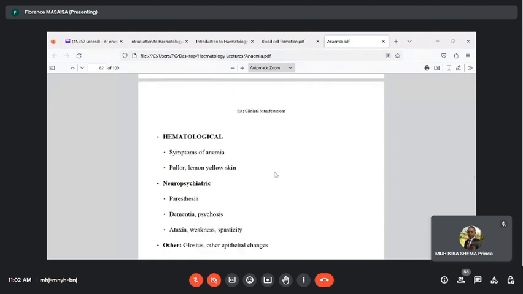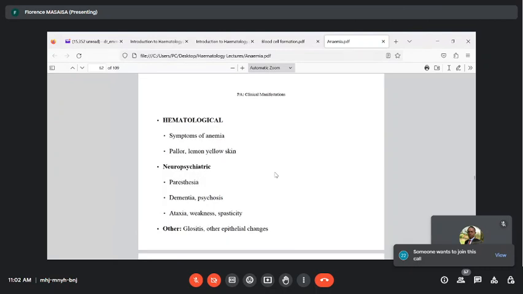So what are the manifestations of deficiency in folic acid and in vitamin B12? The patient will have symptoms of anemia in general, but also paleness and lemon yellow skin, because as I said, they have intramedullary hemolytic anemia.